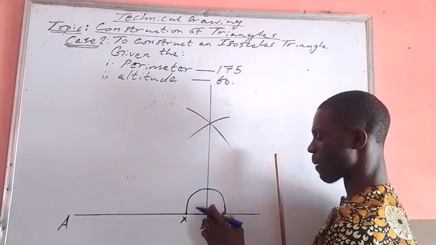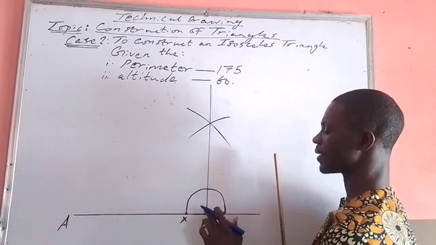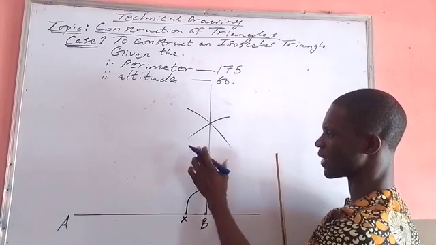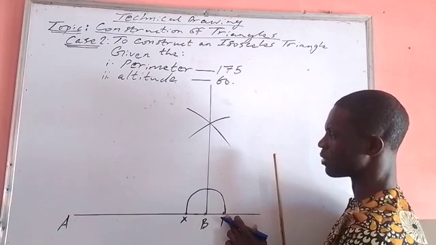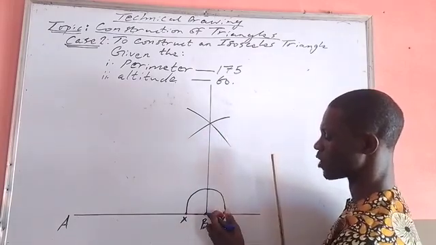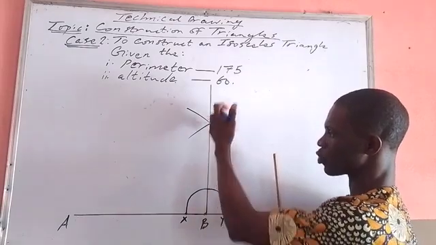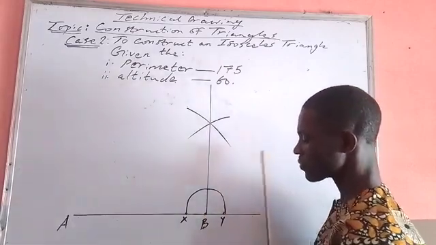Erect a perpendicular line at point B by drawing this semicircle. Then you take point X, extend the compass to a convenient radius, draw this arc, put it at point Y with the same radius, draw this arc, and from point B draw a vertical line through the point of intersection of the arcs. So we have erected a perpendicular line at point B.